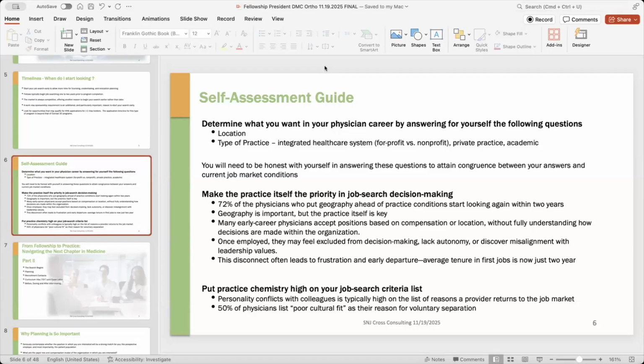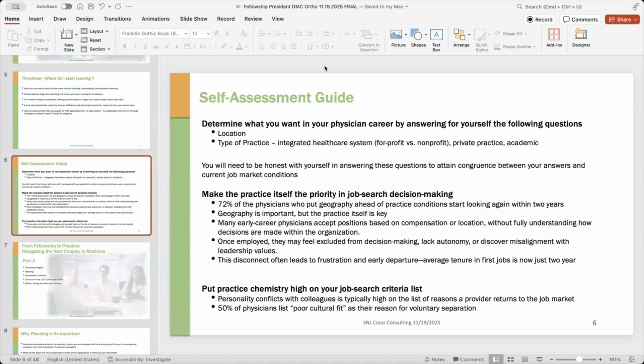So one of the statistics on here is 72% of the physicians who put geography ahead of practice conditions start looking a lot sooner if geography is the most important for you. So just make sure you have a good idea of where you want to go.